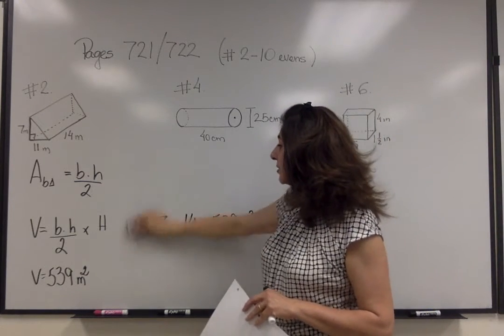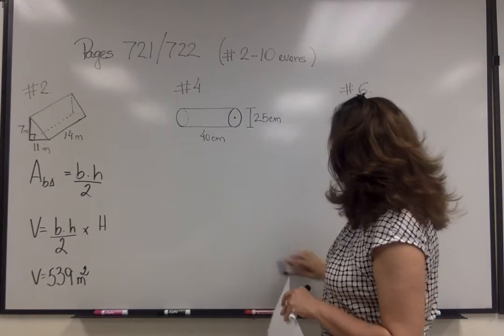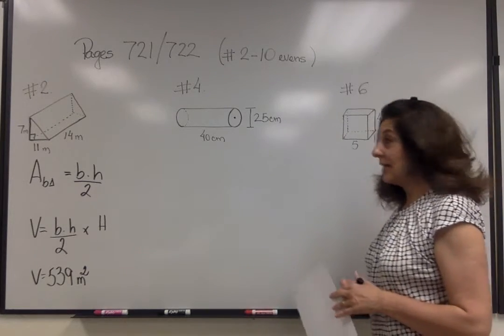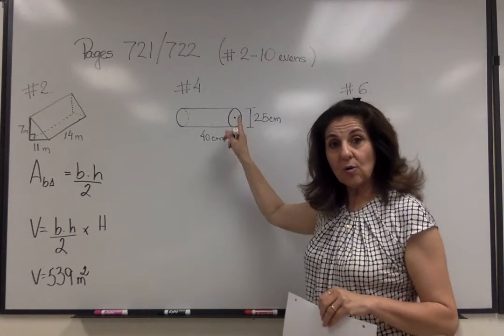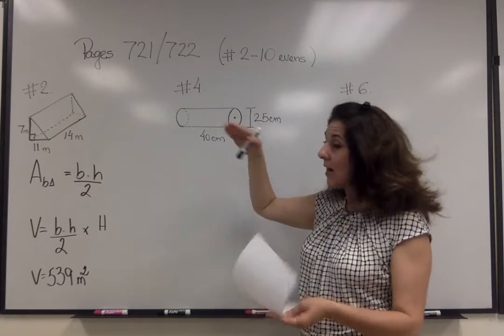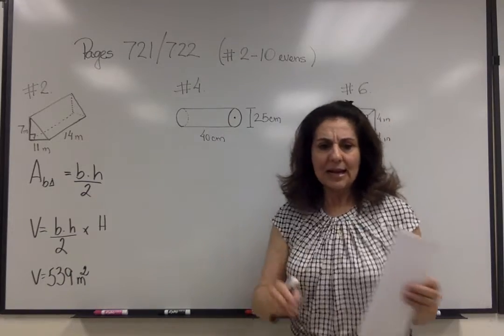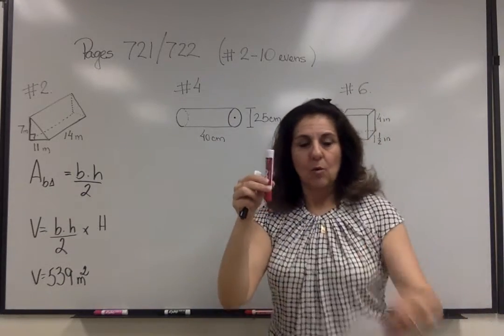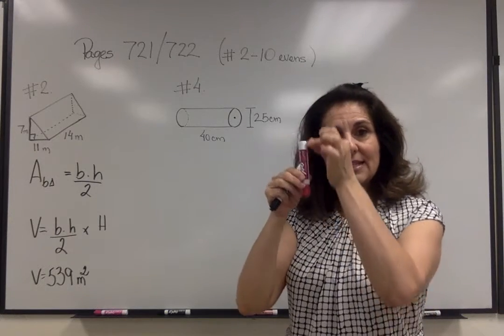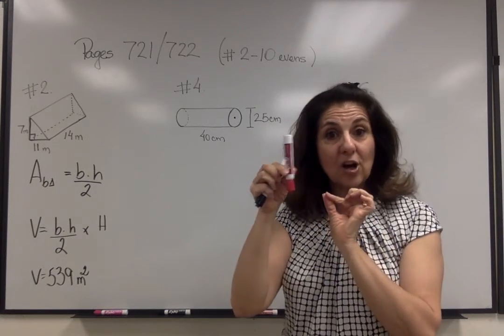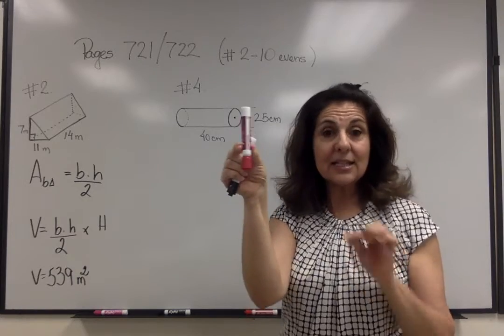For problem number 2, we are working with a cylinder. The cylinder here, see, we have a circle as a base. One base on top, one base in the bottom. Kind of like getting a marker. One circle right here, the other right here, and this is the height of our cylinder. So this is a cylinder, okay?